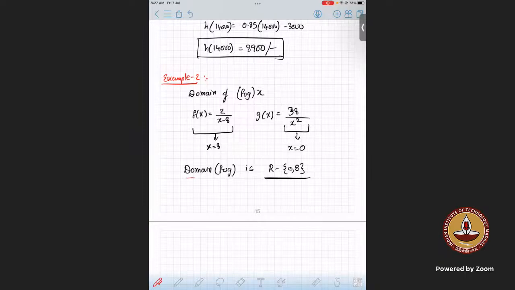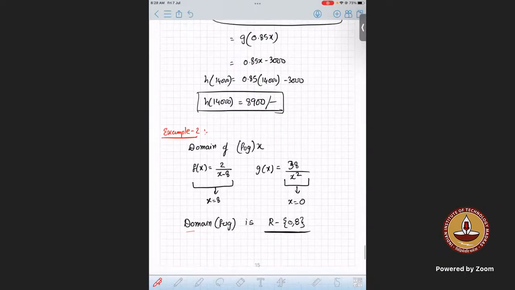If you're combining these, both f and g of x, then you have to take both. If one function doesn't exist, the other function should also not exist, as we are finding the domain of f of g of x.